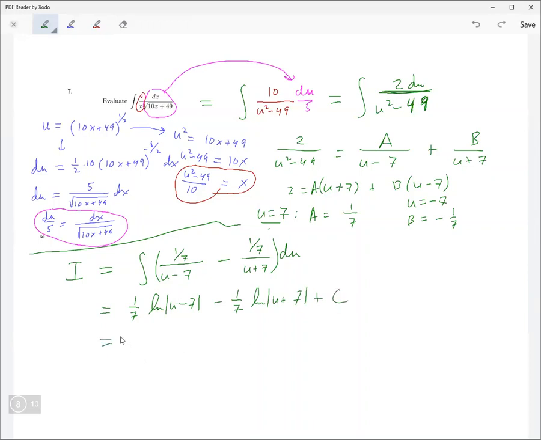And then, of course, we need to substitute back. So we have 1/7 natural logarithm of the square root of 10x plus 49 minus 7, minus 1/7 natural logarithm, and then you put in u also is the square root of 10x plus 49 plus 7.